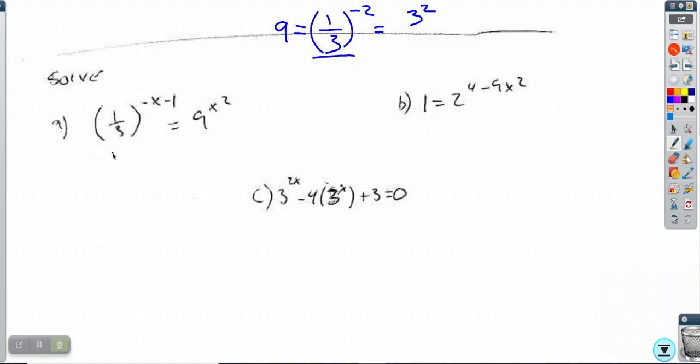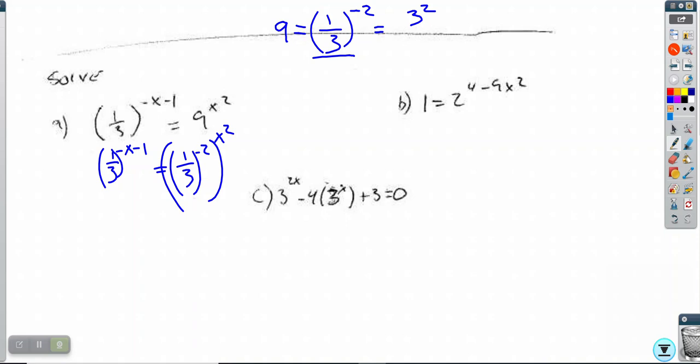So I have 1/3 to the negative x minus 1 power is equal to 1/3 to the negative second power. But now, look at this fun. You can take everything to the x squared power. Oh joy, this is awesome. So what does it say about our exponents?